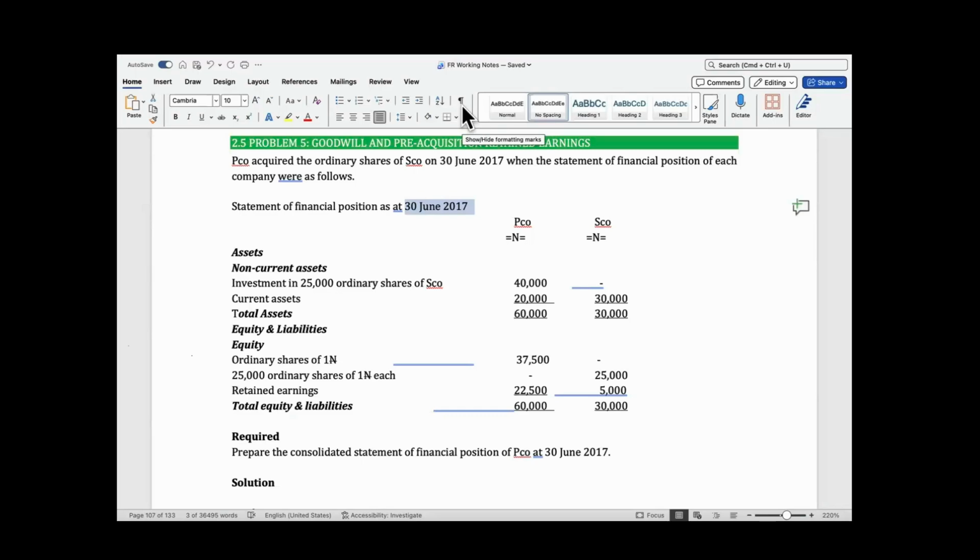Let's start with Pico. What's canceling out in Pico? From what I'm seeing, I think he has paid a higher amount than the net asset of ESCO.